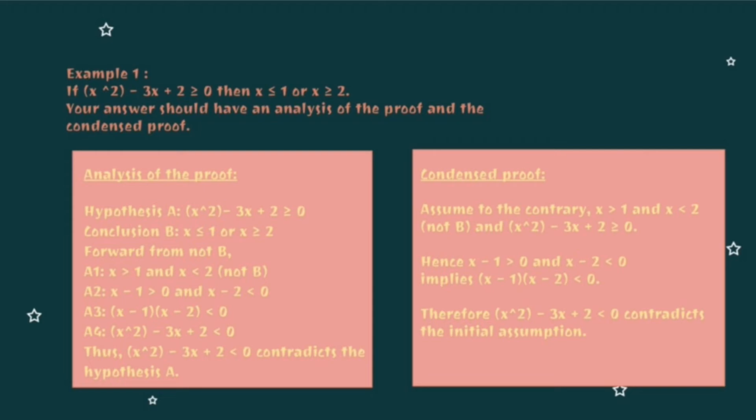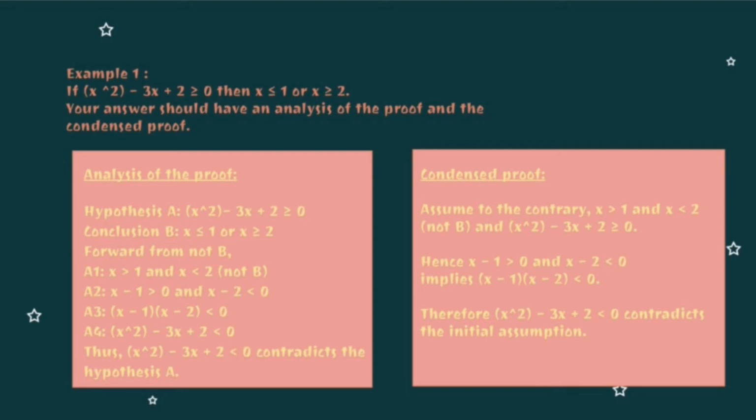And for conclusion B, x less than or equal to 1 or x more than or equal to 2. And the next step, we're going to make not B, which is x more than 1 and x less than 2. The A2 we will make x minus 1 more than 0 and x minus 2 less than 0.